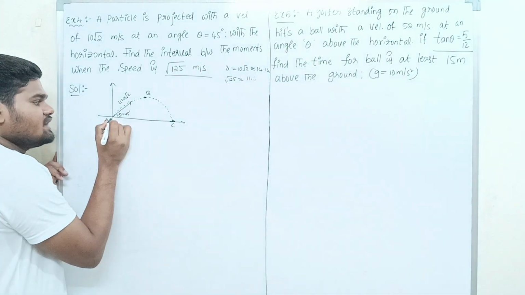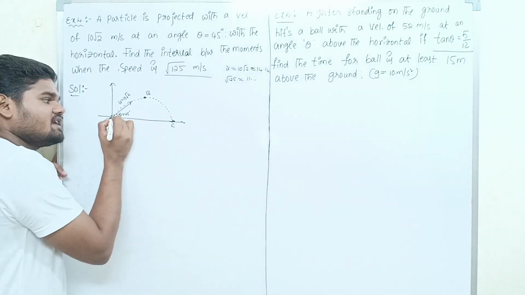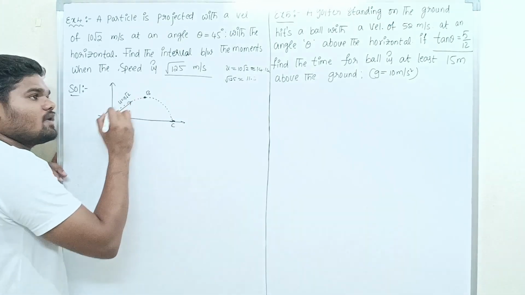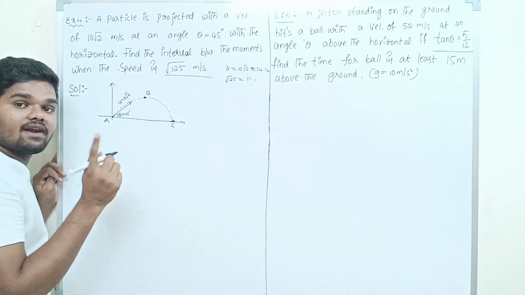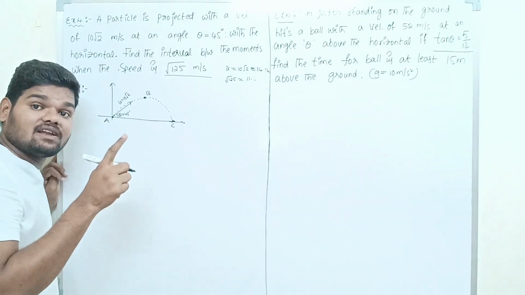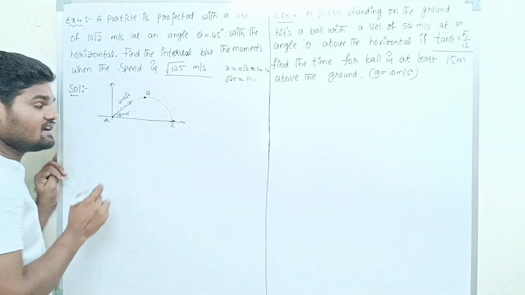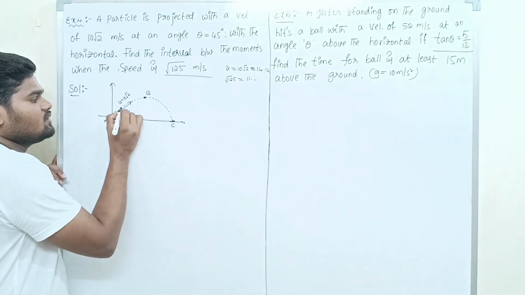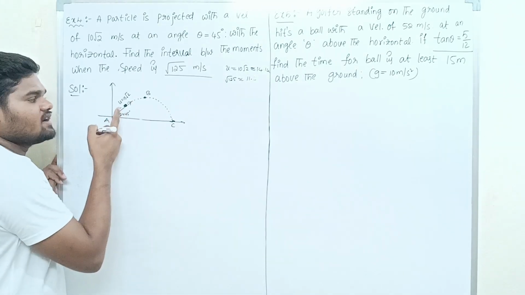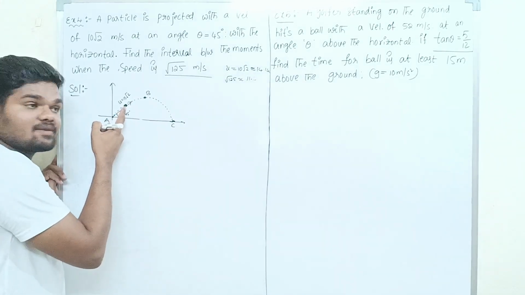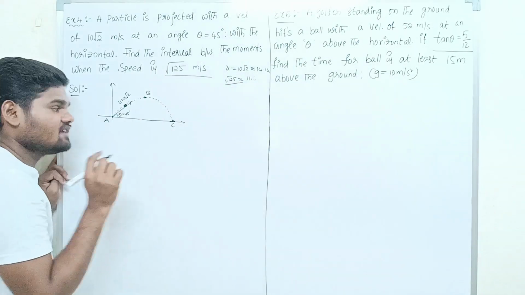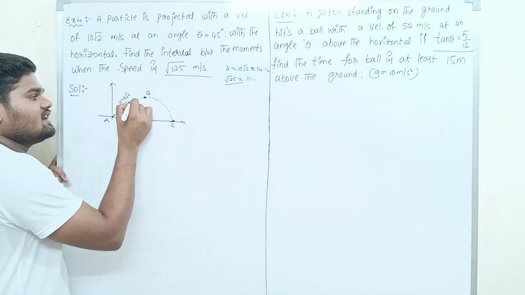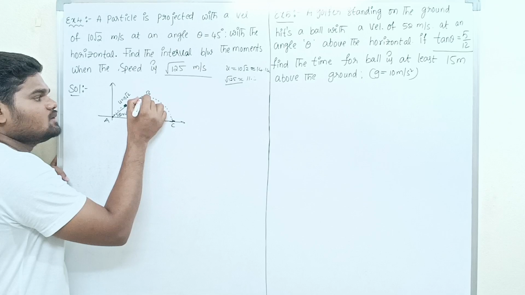So here the object is projected with 14 meter per second. When the object travels from point A to point B, its speed decreases. 14, 13, 12, 11. At this point, the object gets a speed of 11 meter per second, that means root over 125. Again 11, 10, 9, 8, 7, 6, 5, 4, 3, 2, 1, 0.